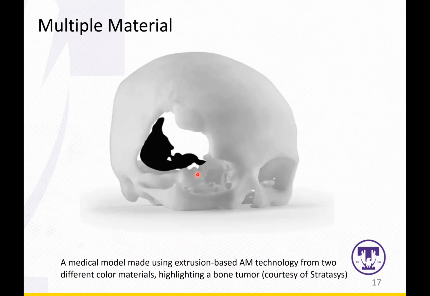But again, you have to make sure these two materials can be bonded well, so that requires some adjustment on the temperature, the extruding rate of the nozzle, and so on and so forth. Also, there are some more advanced machines that have more than two printing nozzles, such that they have the capability to print even more types of material in a single printing, right?